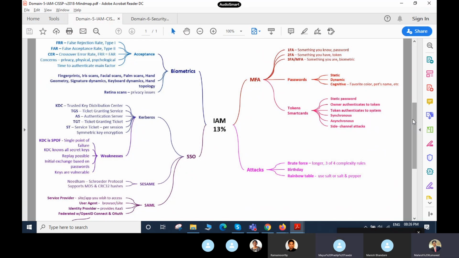So we have some terms used: TGS, AS authentication server, TGT ticket granting ticket, ST service ticket per person. Any use cases where Kerberos fits into the organization? What is the security concern?